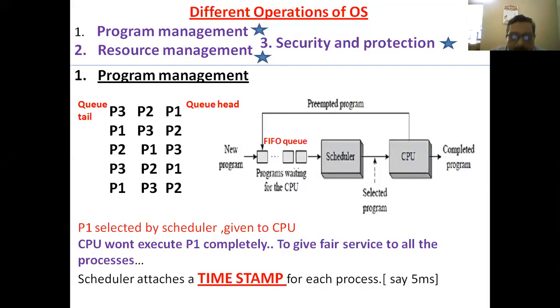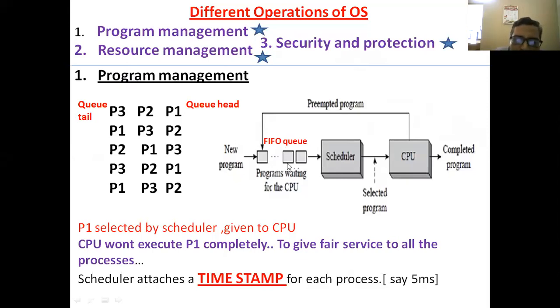So last period, we were discussing the different operations of operating systems: program management, resource management, and the last one is security and protection. In the last period, we were discussing program management, where the word program refers to a set of instructions.